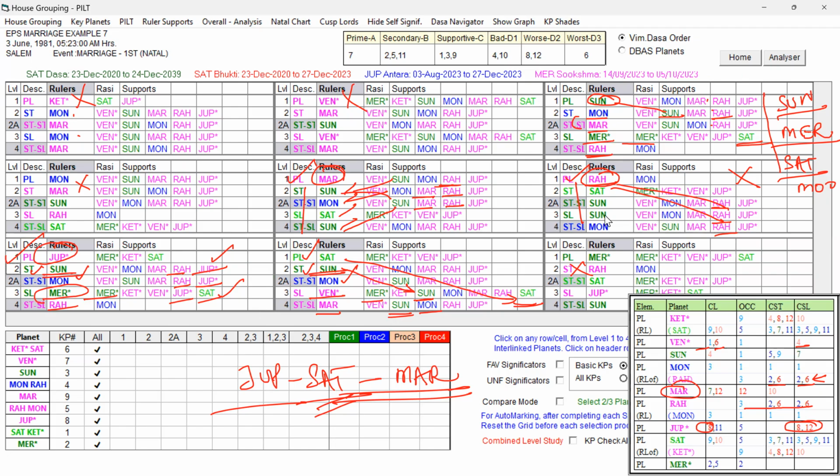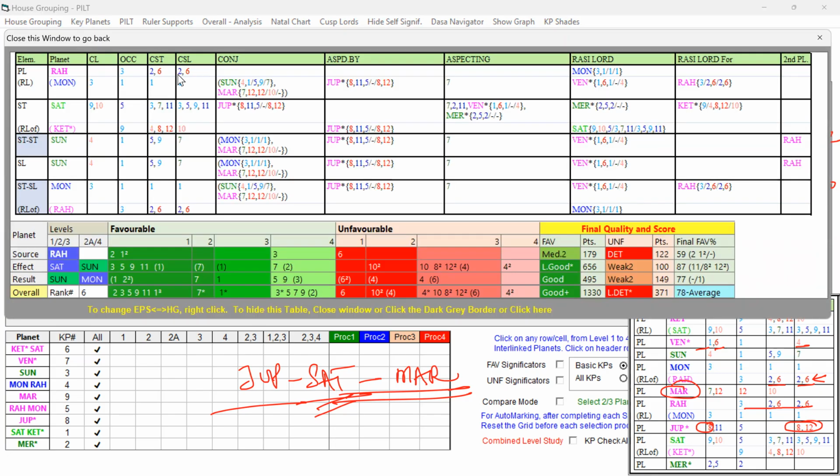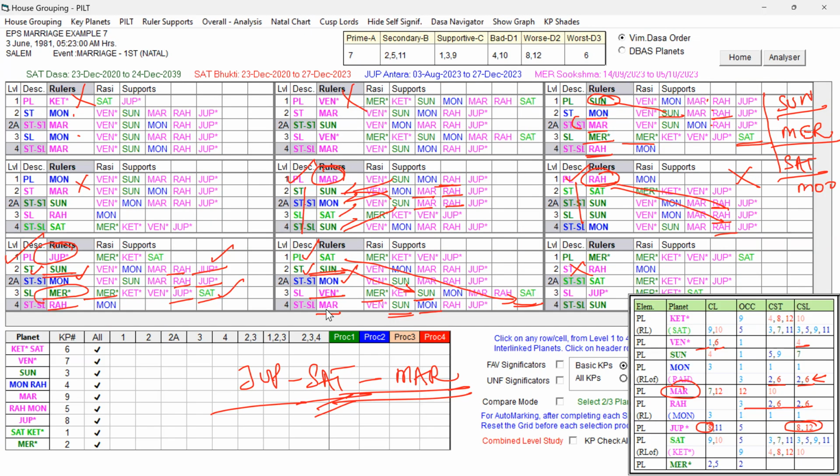Mars and Rahu are almost good only, but Rahu is becoming weaker because if you open that, it is 6 and 6 sub lord, the source planet, and also it is present in the supports of the sub level planet Rahu, the 12 level, sub level Rahu is playing a role, forming its unfavorable ruler link also. And last level also Moon Rahu playing again. So that unfavorable impact will be significantly present for the Rahu. So because of that, this Rahu planet is not strong enough to conduct the marriage.